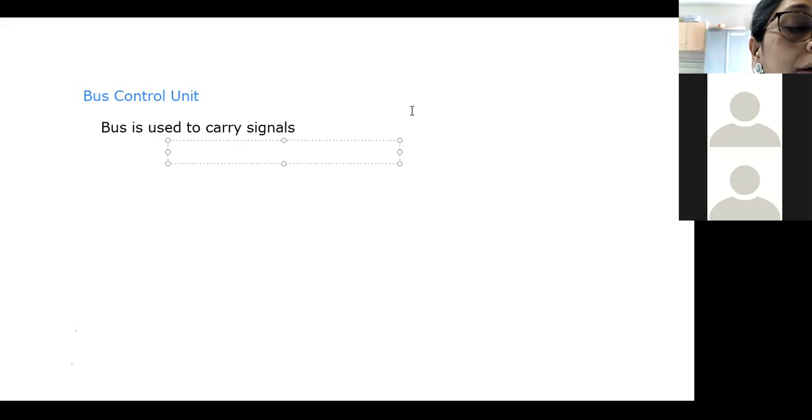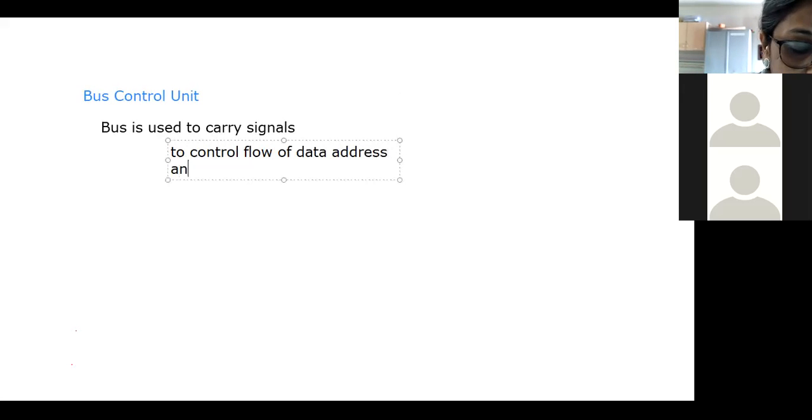So the very first function of the bus control unit is to control the flow of data, address, and control signals.